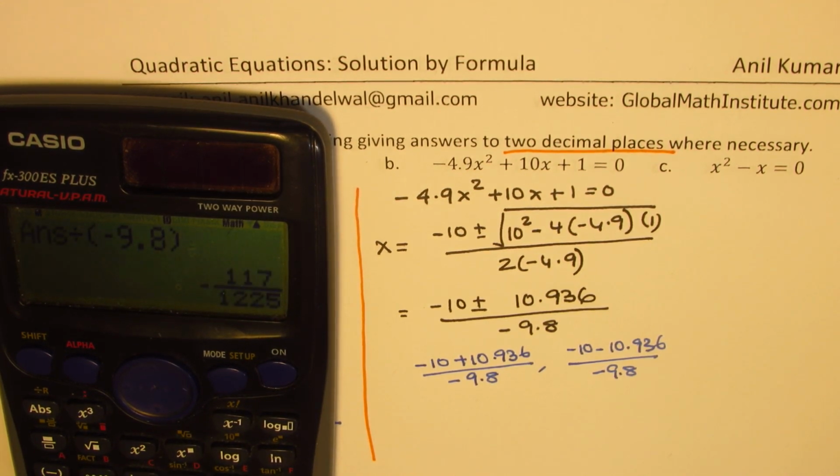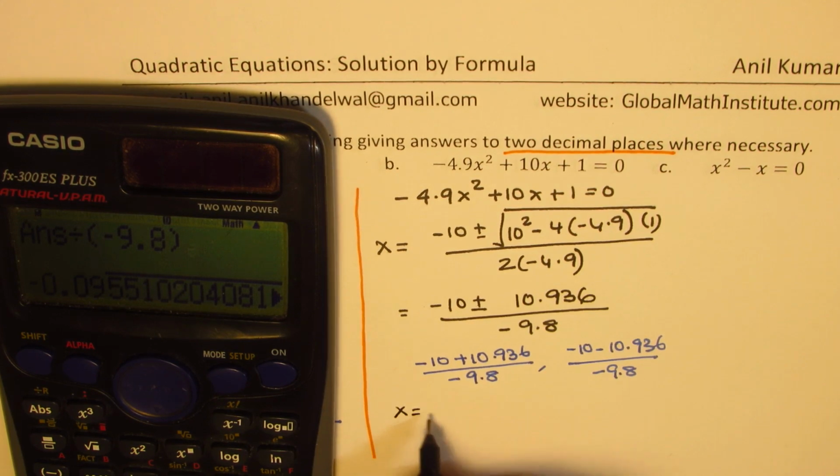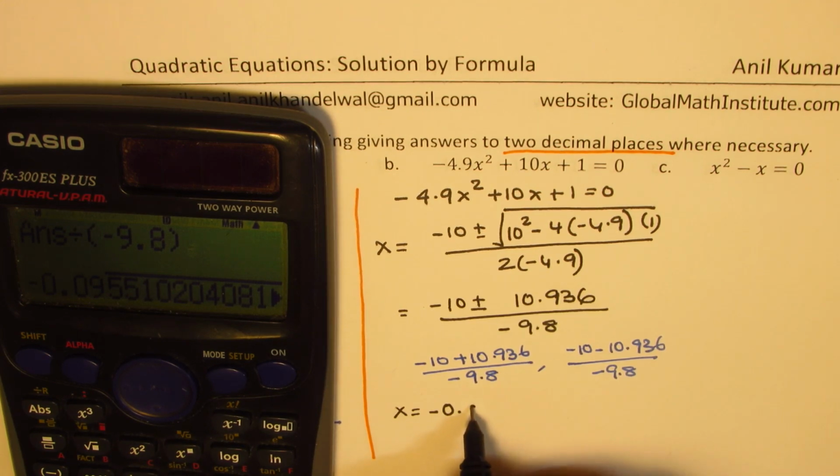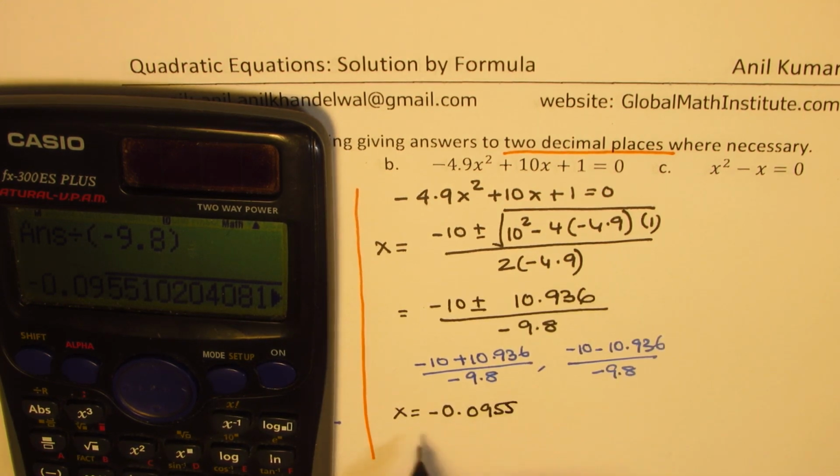So we have a negative answer as expected, and it is x equals negative 0.955, right? So let me write 0.955. So I'm going to round it to negative 0.96. Is it clear to you?